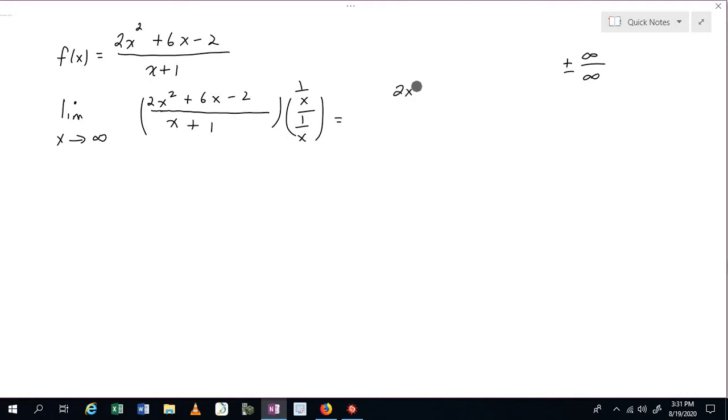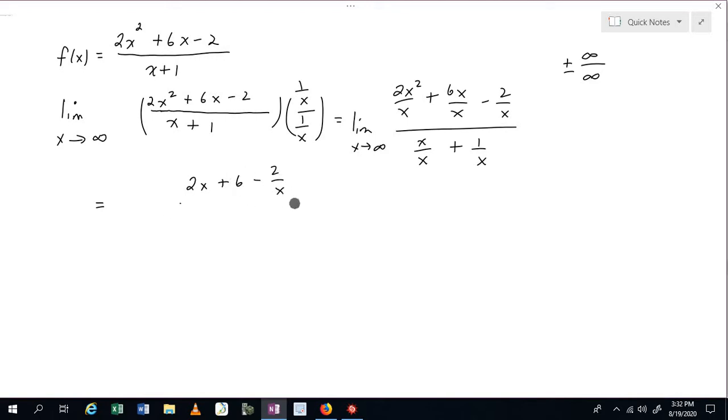So you get 2x squared over x plus 6x over x minus 2 over x. And then on the bottom, you get x over x plus 1 over x. Okay, and then of course this simplifies to 2x plus 6 minus 2 over x. And then on the bottom, you get 1 plus 1 over x.